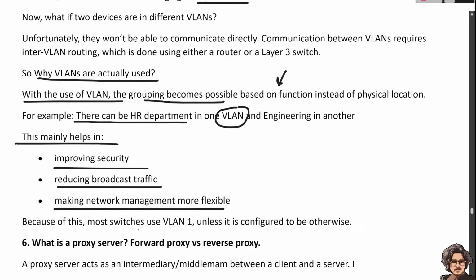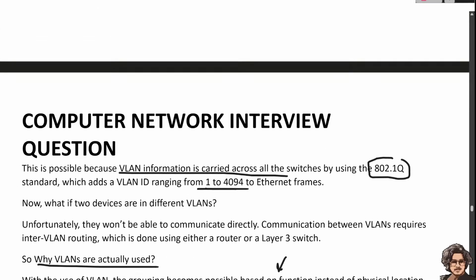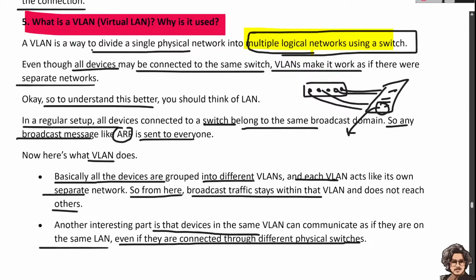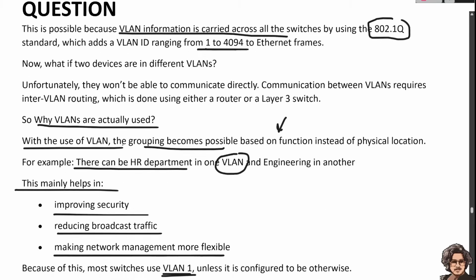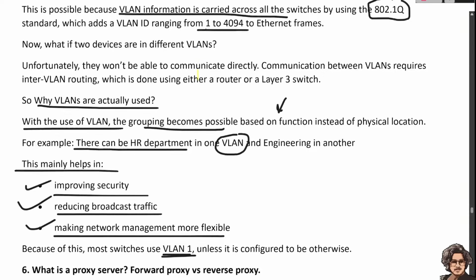Most switches use VLAN 1 unless configured otherwise. So VLAN divides a single physical network into multiple groups to improve security, reduce broadcast traffic, and make the network more flexible.